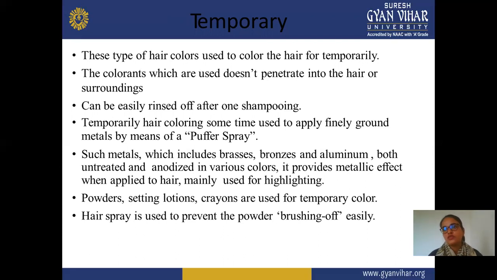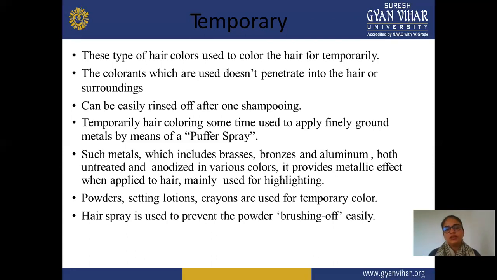Means when you apply one shampoo, it can easily wash out and remove all the color and dye, because it's temporary in nature and it's not penetrating into the hair. It's just applied on the surface of the hair. Due to this property, it can be completely removed after a single wash of shampoo.